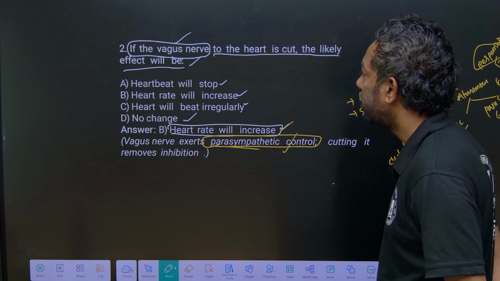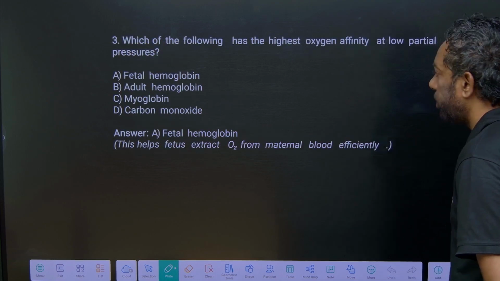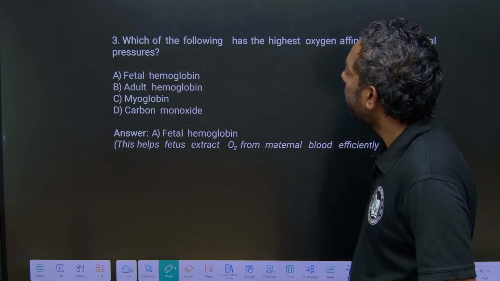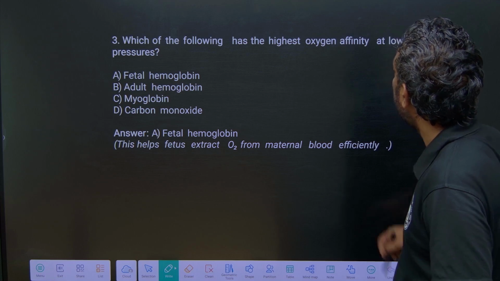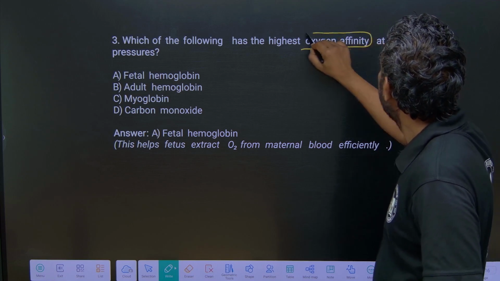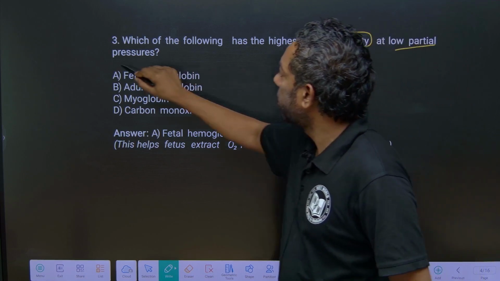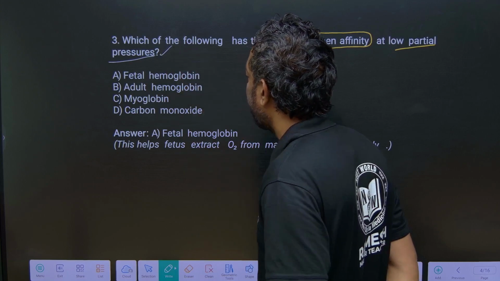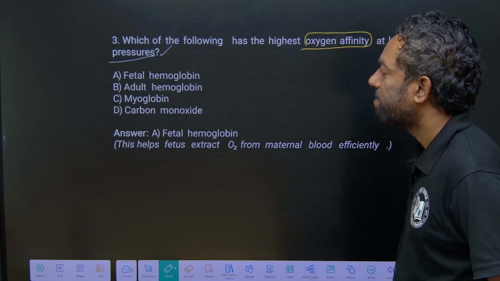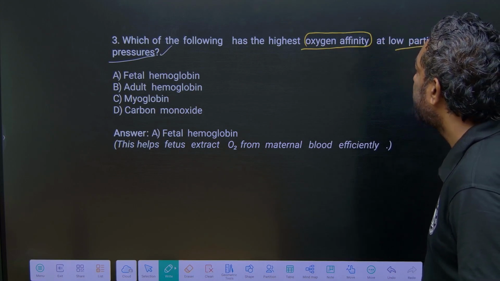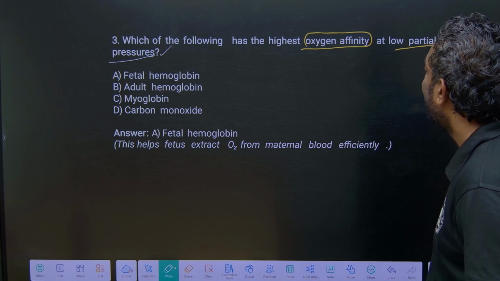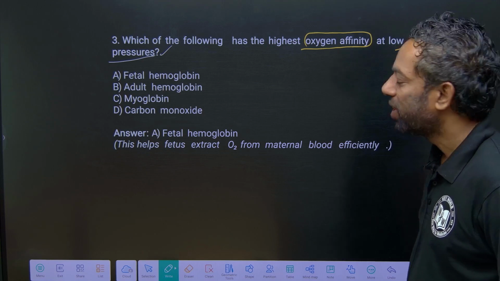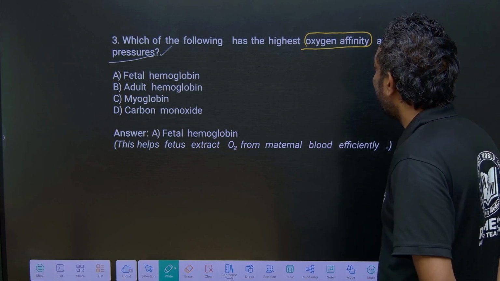Next question: which of the following has the highest oxygen affinity at low partial pressure? Highest oxygen affinity at low partial pressure. What is partial pressure? What is affinity?